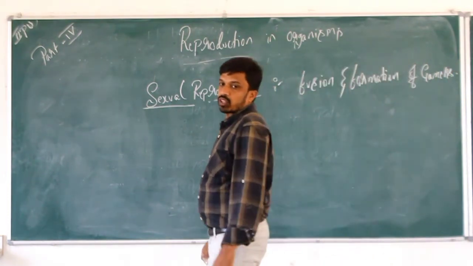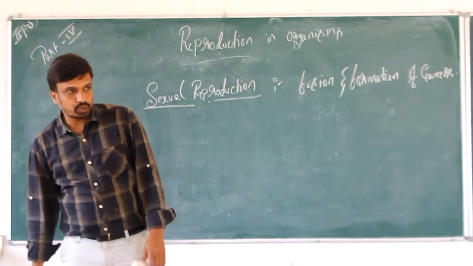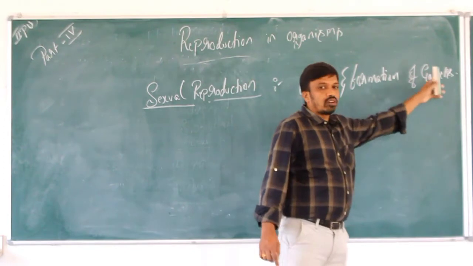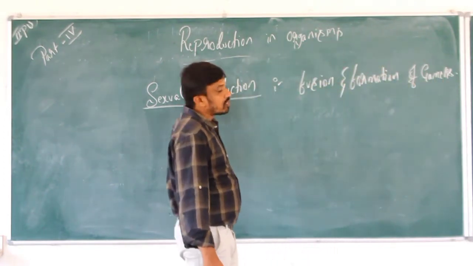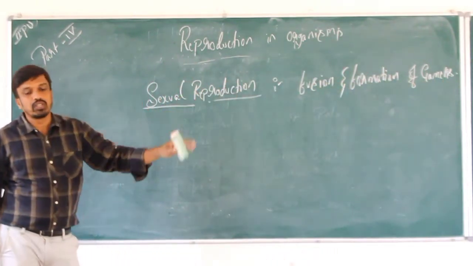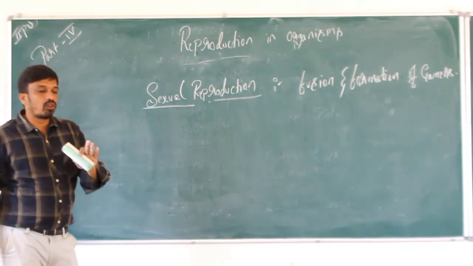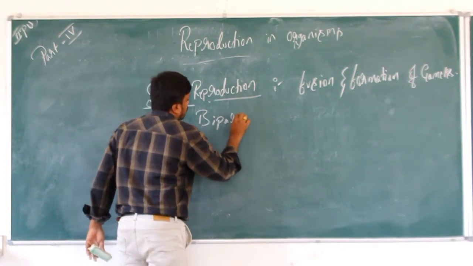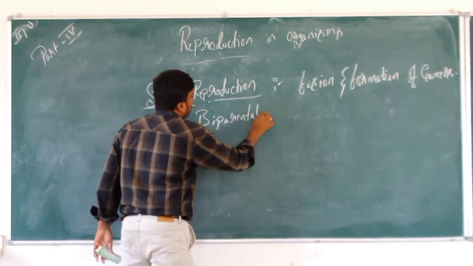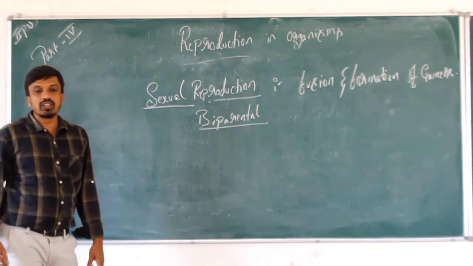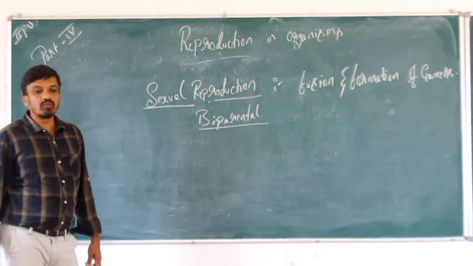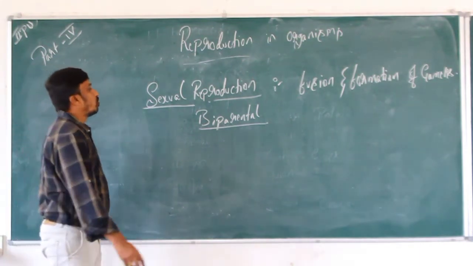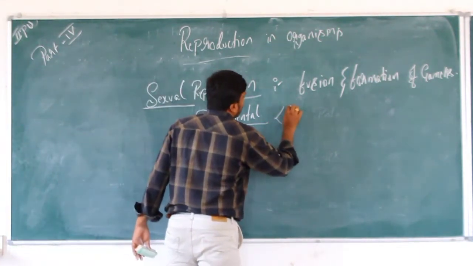Sexual reproduction is always biparental. Biparental means two parents are involved, one male and one female.